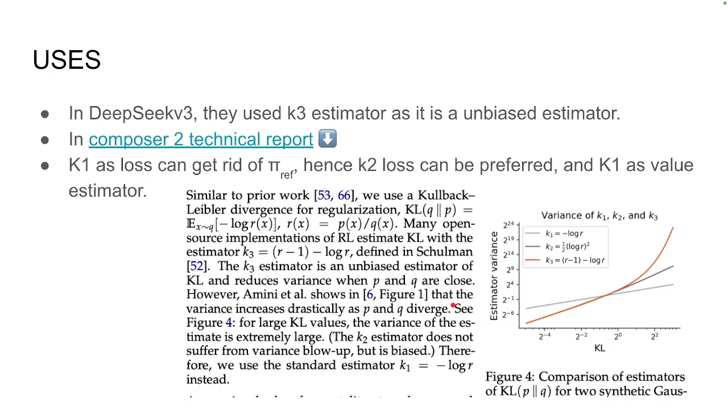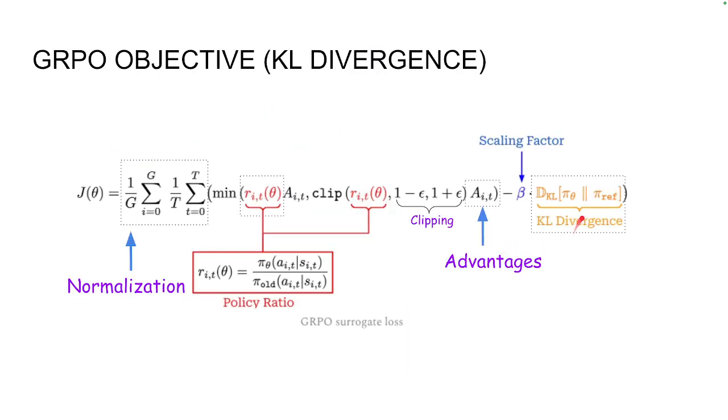And this is important because as you train with RL, you don't want your model to stay close to your SFT starting point, since you have gone through a lot of training with human feedback. You would like to get away from this regularization.